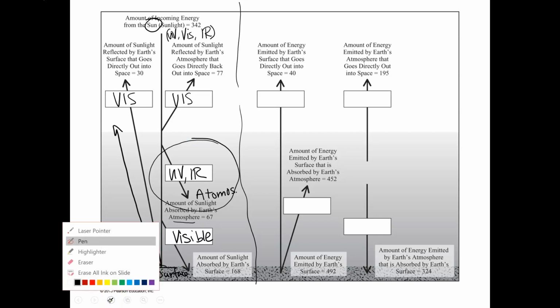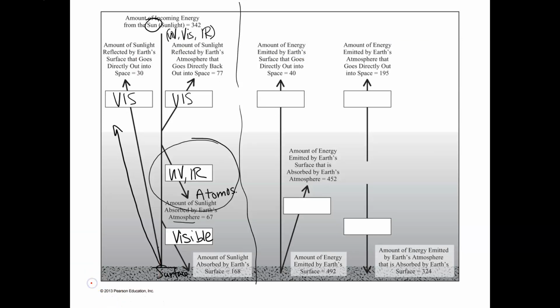Okay, so here we go. Next one, we'll do red for this one. Next, we need to think about where does the heat go and what's happening. So this next section, I'm going to call this heat from Earth's surface. What's happening to it?